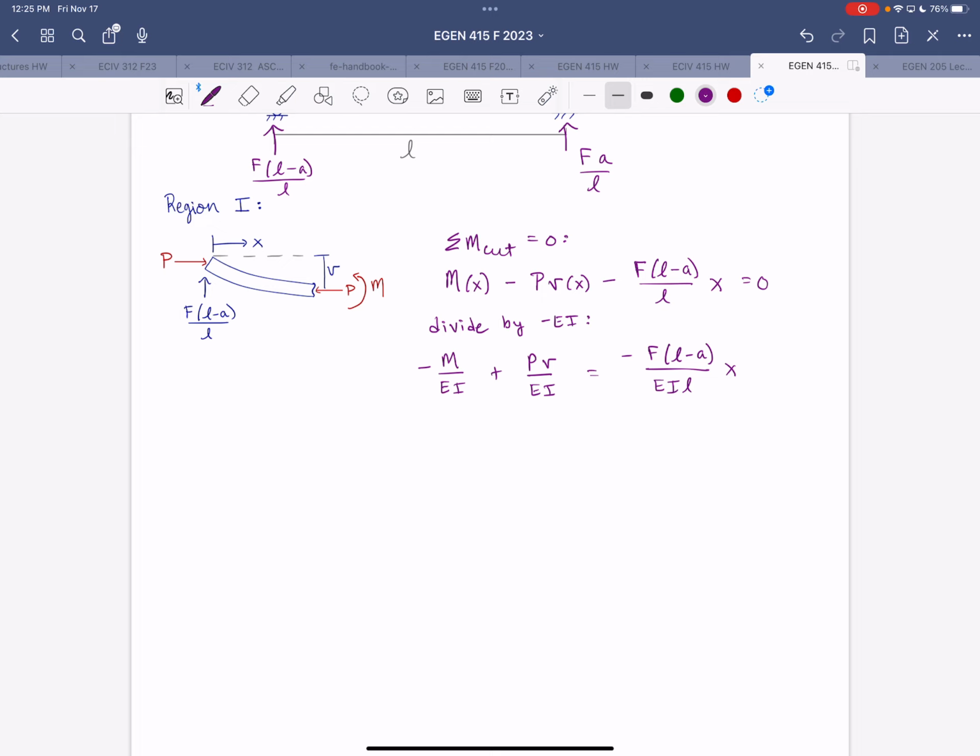Now we're going to define a term for convenience, and we'll call it lowercase fancy m squared. So m squared is equal to P over EI.